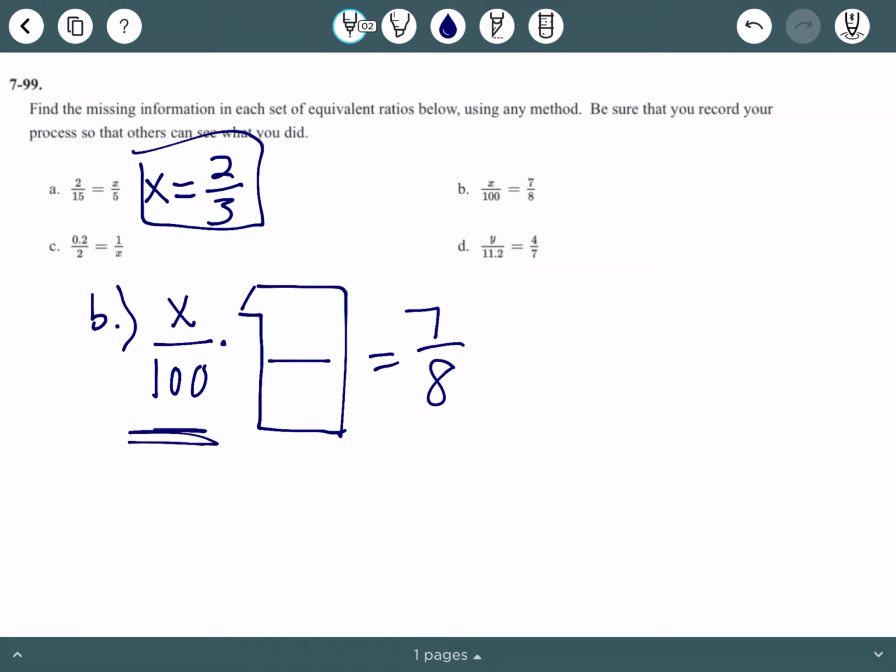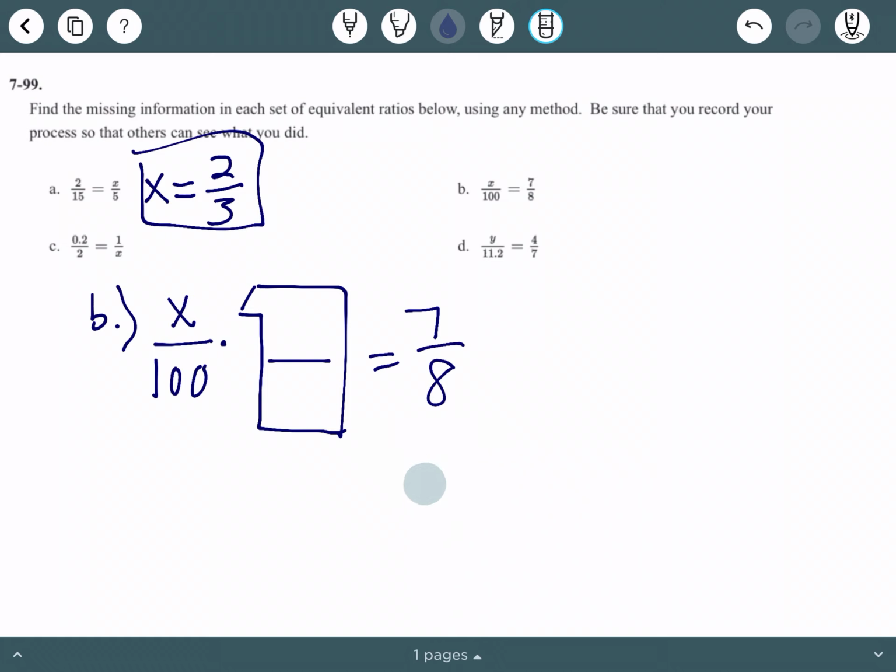Now in this case, what I need to figure out first when I look at the bottom is what can I multiply 100 by to get 8? So we're going from 100 to 8, so that's a smaller number, which means I'm not going to be multiplying by a whole number, because even if I multiplied 100 by, say, 1, I'd get 100. So it's going to be a small number that we're multiplying by.